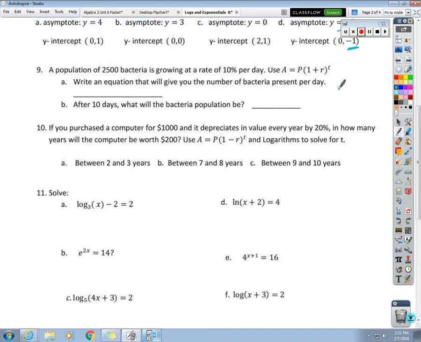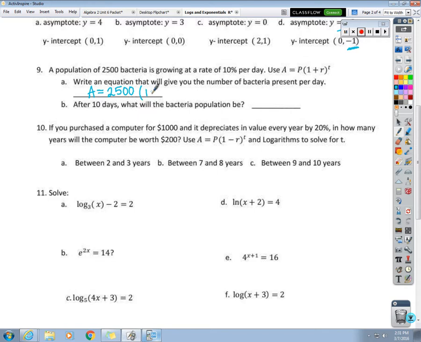Okay, number 9. A population of 2,500 bacteria is growing at a rate of 10% per day. Use A equals P times 1 plus R to the T power and write an equation that will give you the number of bacteria present per day. So A equals, what do we put in the P place? Right, that's your start value.